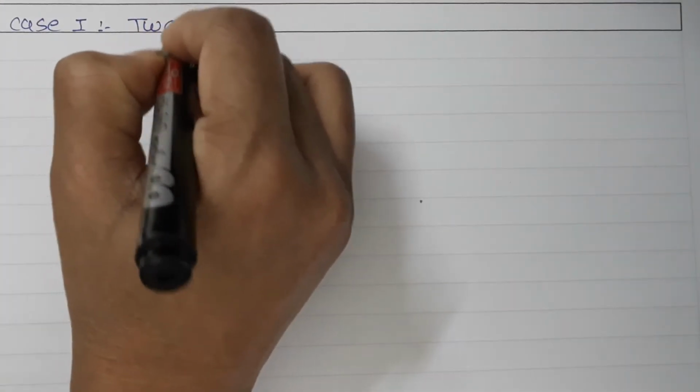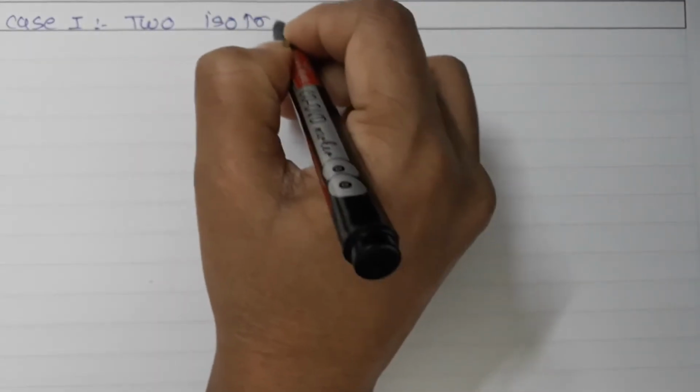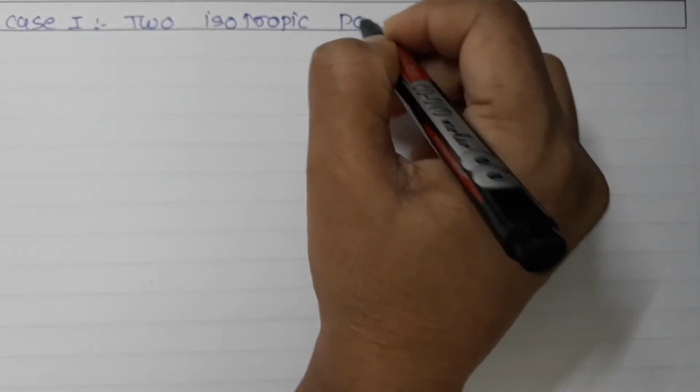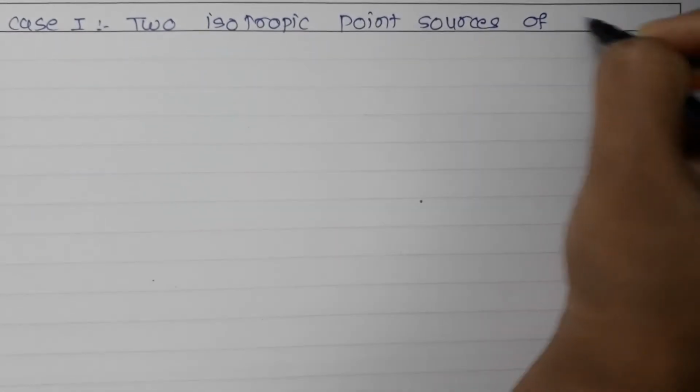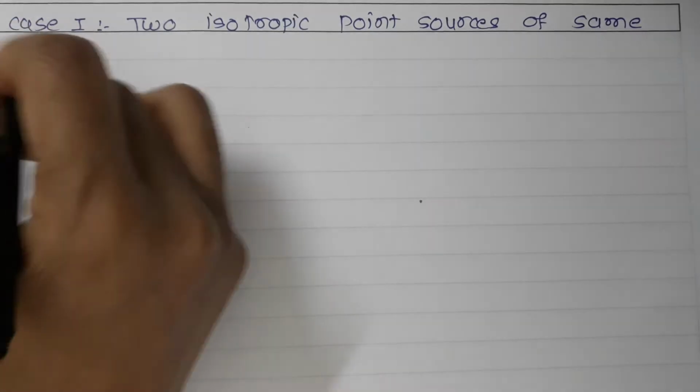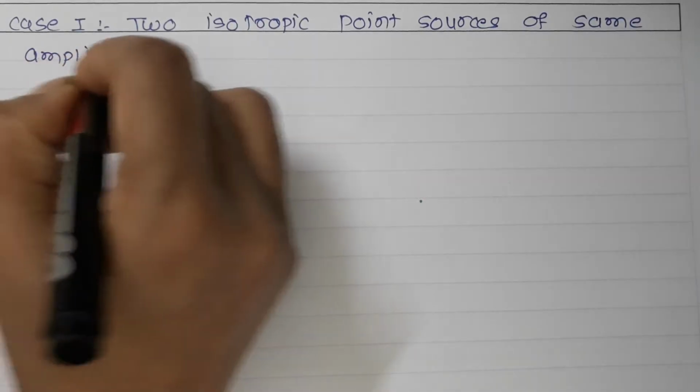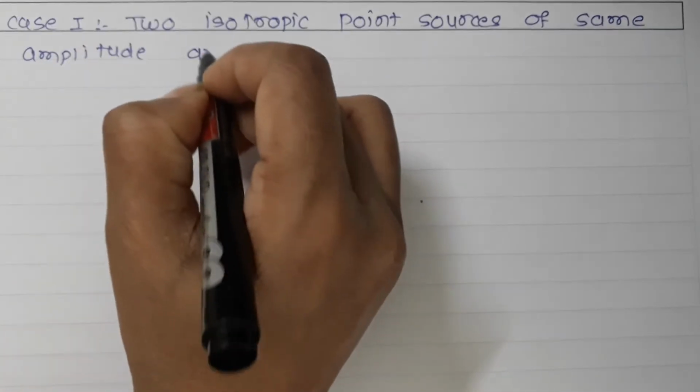So let us talk about case 1, where we are having two isotropic point sources of same amplitude and phase.